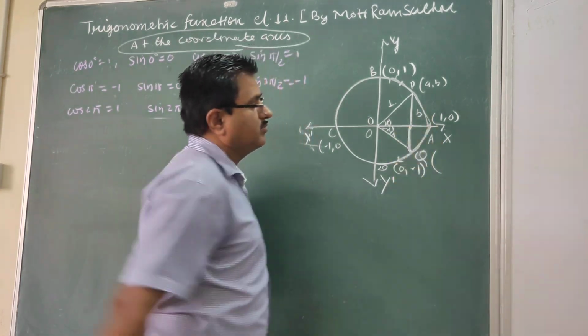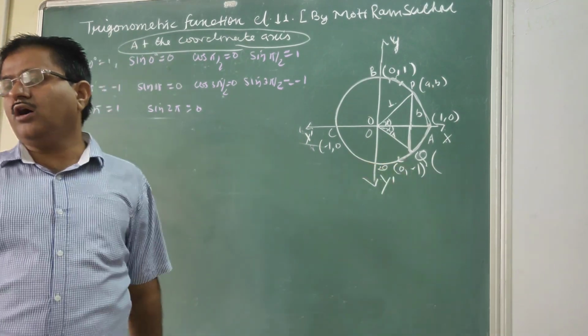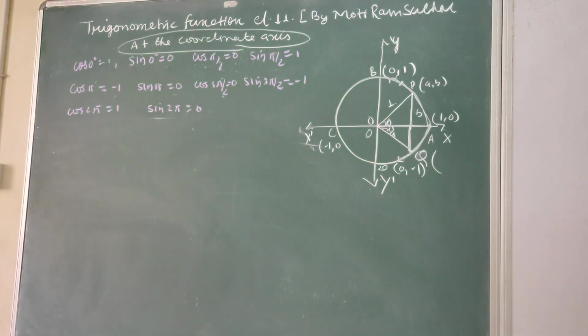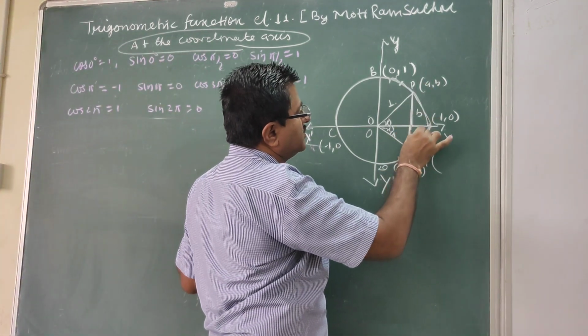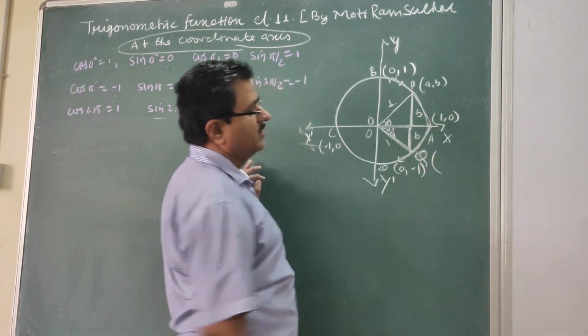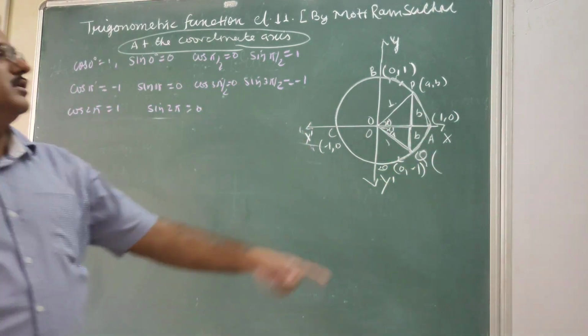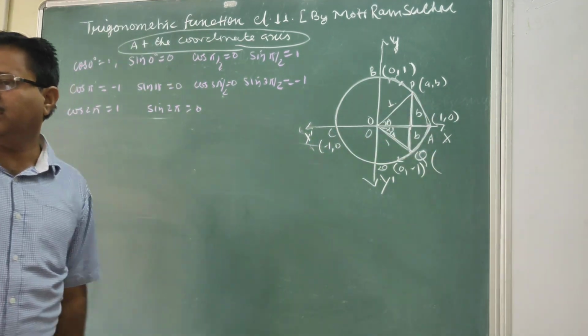So the coordinate of this will be in the fourth quadrant. The value of x is positive, but the value of y will be negative. But distances are the same. This is b, then this is also b. If this is 1 or this is x, a, then this is a. So the coordinate of Q will be the same, but the sign will change for y only. Clear?